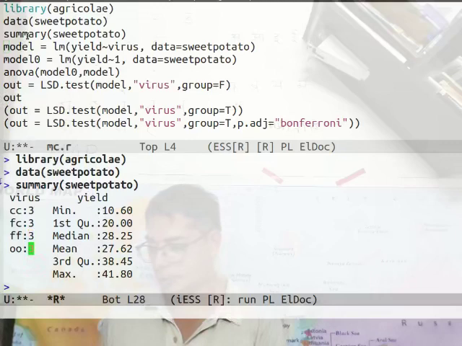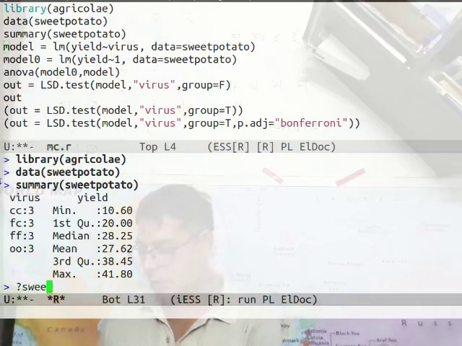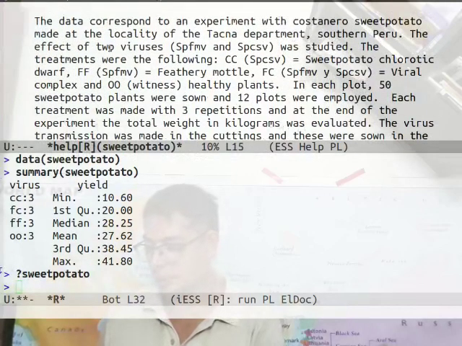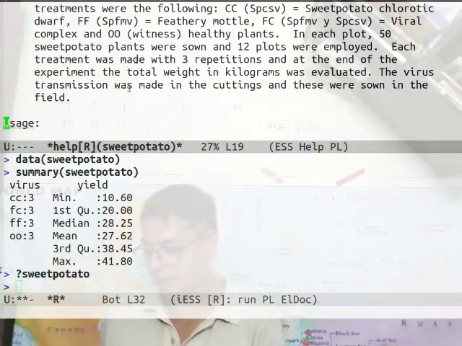If you want, we can also look up the help of this using question mark sweet potato. I'm not going to go into that. You can try to take a look at the help. It says exactly how the data were collected, etc.